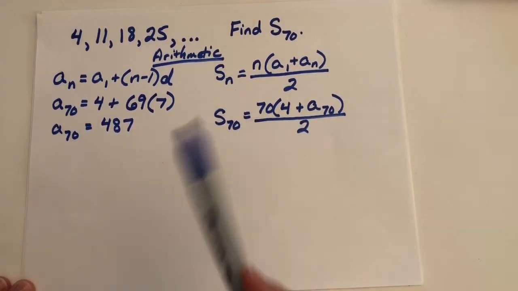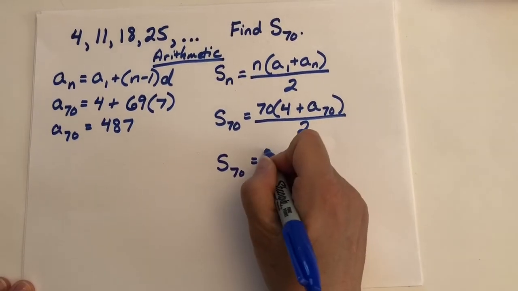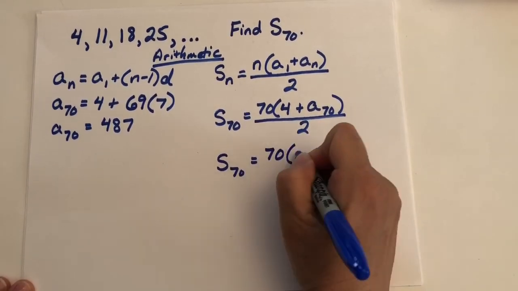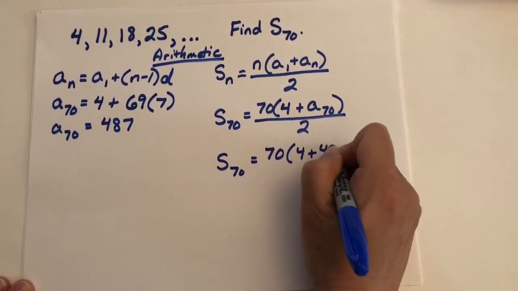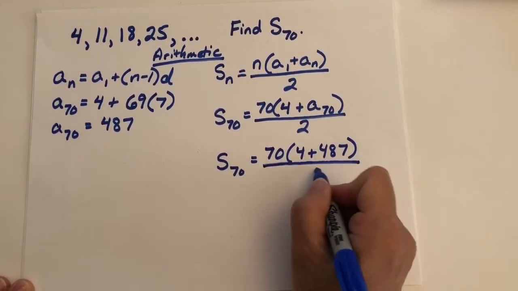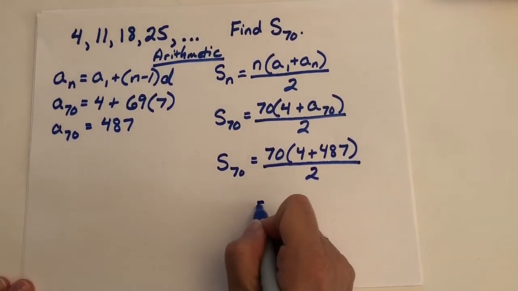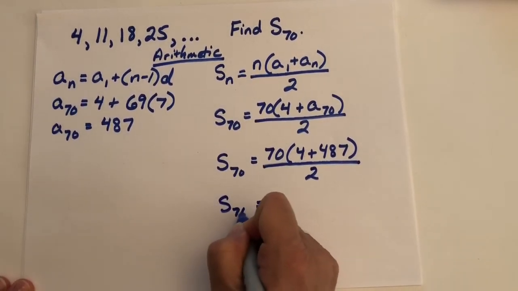Let's substitute it into our formula. So we have 70 times 4 plus 487 divided by 2. And now we have an arithmetic problem.